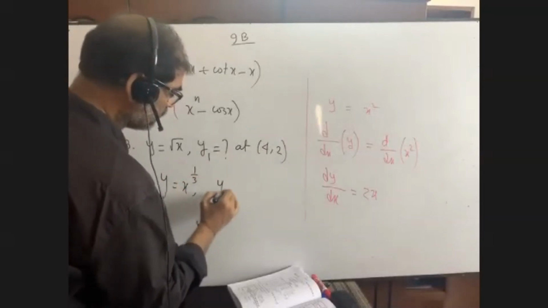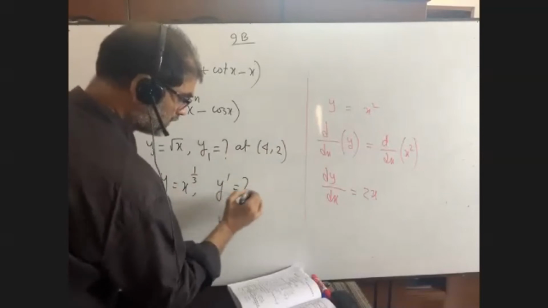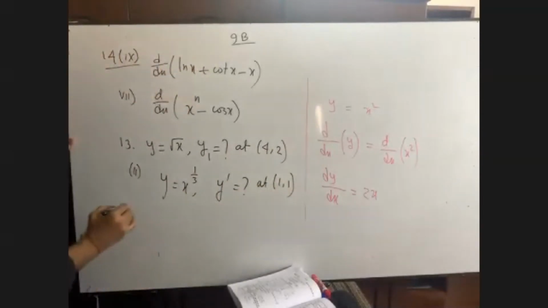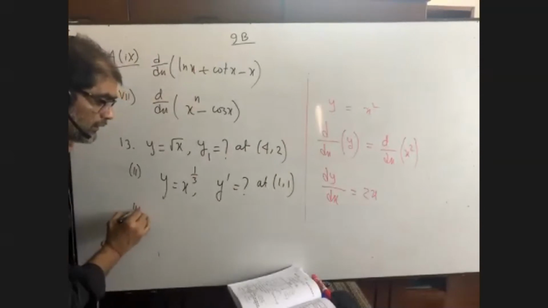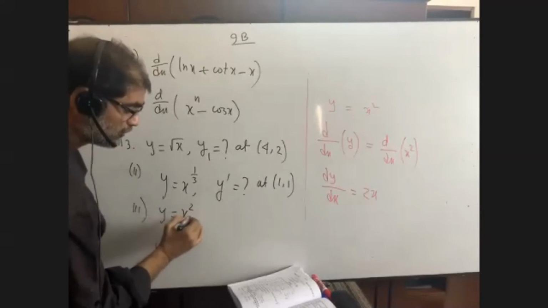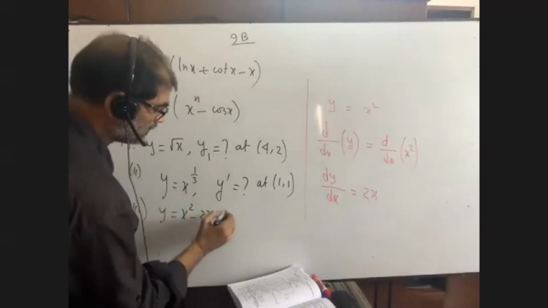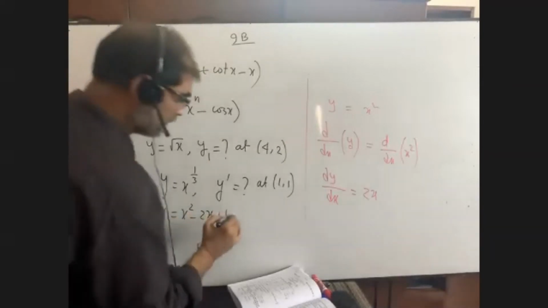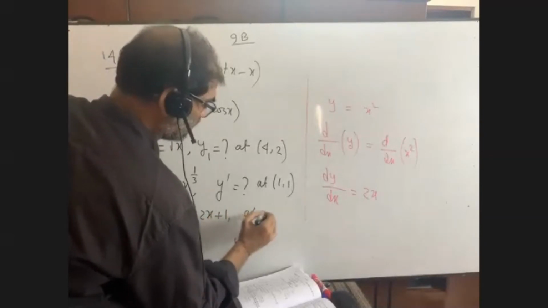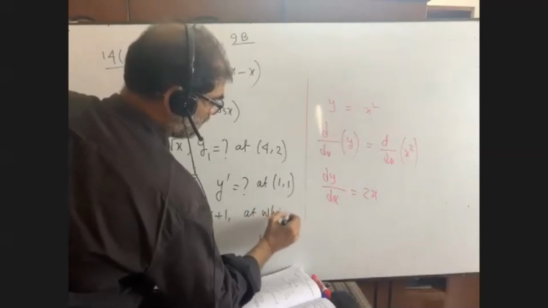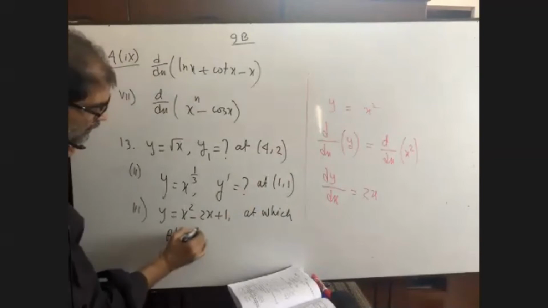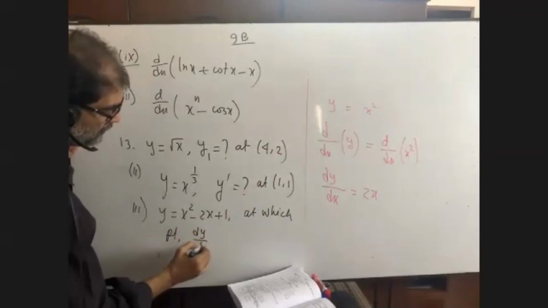Then y prime equals what, at 1? Don't be afraid of seeing the math. I request you. Number 3, y equals x square minus 2x plus 1. Then at which point is dy by dx equals to 0?